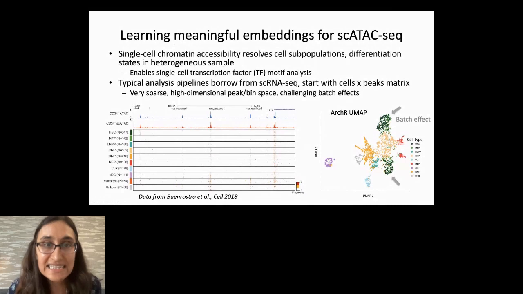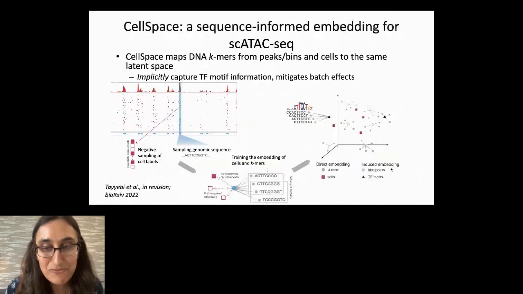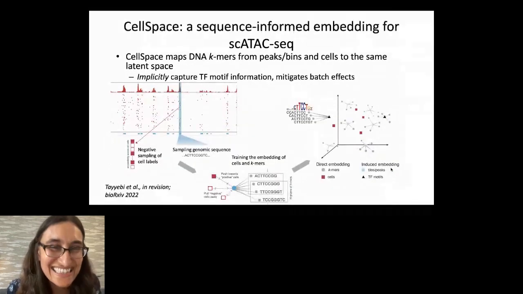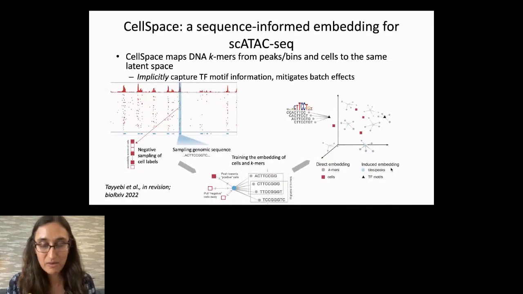Okay, so the idea of cellspace, and I'm really going to finish soon, is that we use the sequence information by learning a common embedding of DNA k-mers and cells into the same latent space. Okay, and there's some important details of how we do this.